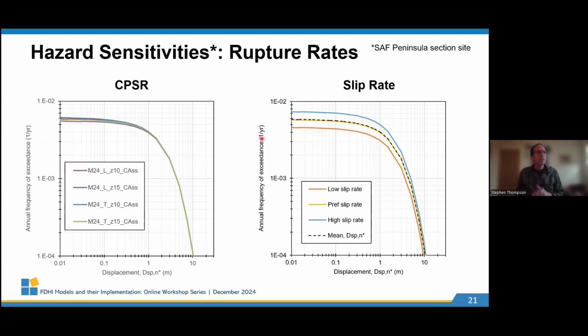Slip rate, consistently in PFDHA, uncertainty in slip rate drives our uncertainty in the rate of ruptures and in what kind of rates we're getting of non-zero displacements. And so in this particular hazard sensitivity, our low, preferred, and high slip rate really define a good part of those hazard fractiles, especially at the low displacement levels.